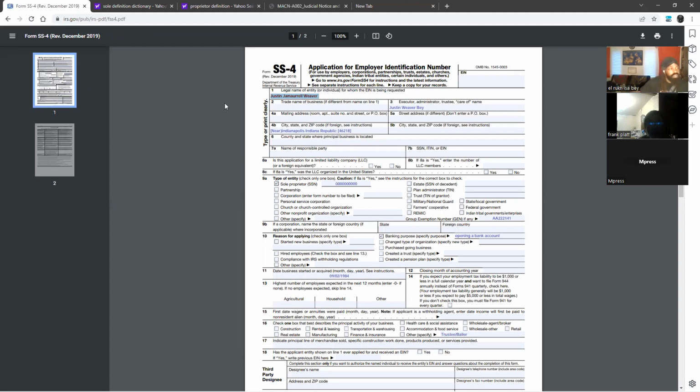Just want to make sure everybody has a full understanding. And this is how it's going to look when you get it back from the IRS too. So that's going to be in all caps. And then this is going to be just like this, right? Go ahead and correct this. Notice this is all caps too.